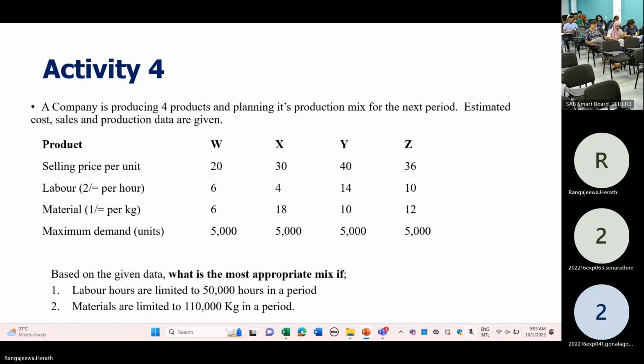This one, you consider your CVP knowledge a little bit. A company is producing 4 products and planning its production mix for the next period.